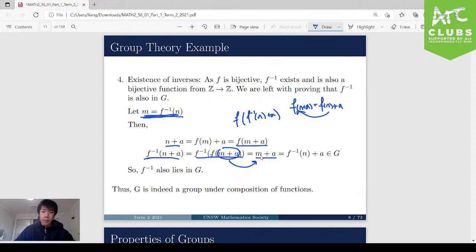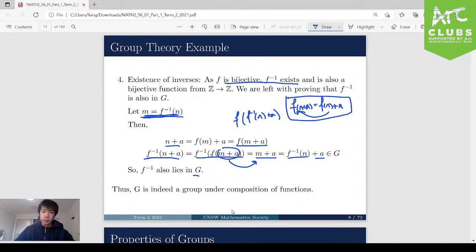But recall that m we previously defined as f inverse of n. So again, we replace that with f inverse of n plus a. And as you can see, we have f inverse of n plus a equal to f inverse of n plus a, which again satisfies this property here. We have some function of n plus a equaling that function of just n, and then separately you add a. And so again, we have shown that f inverse not only exists because of this, but we have also shown that it lies also in the group G.